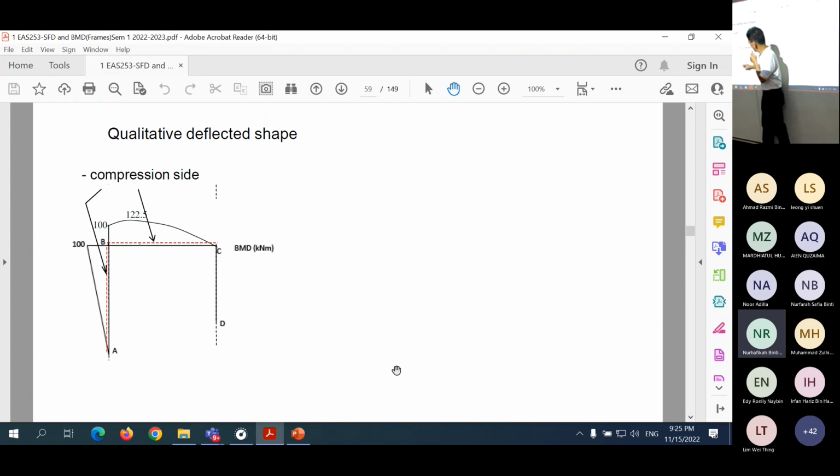Roller means it can move like this, but it cannot move up and down. Pin cannot move left and right, and cannot move up and down. The bending moment diagram is drawn on the compression side, so we know which part of the member should be in compression.